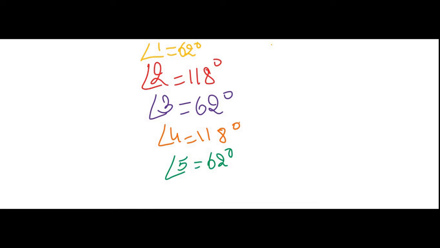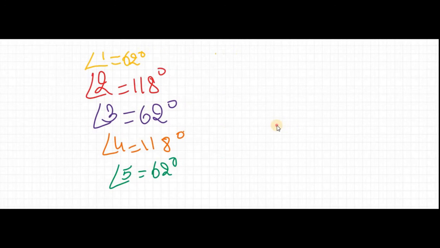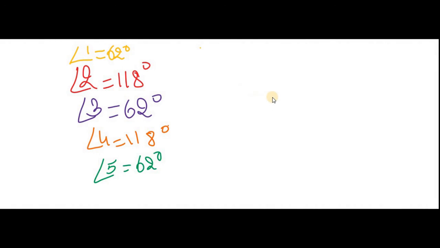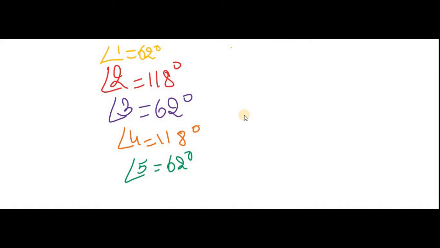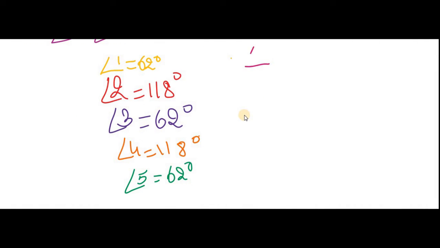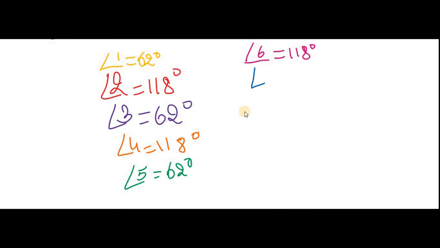Let's push these sidewards and we'll write the rest of them on the right side of the page. Angle 6 was 118 degrees, and then angle 7, that we got as 62 degrees, and at last angle 8 we received as 118 degrees.